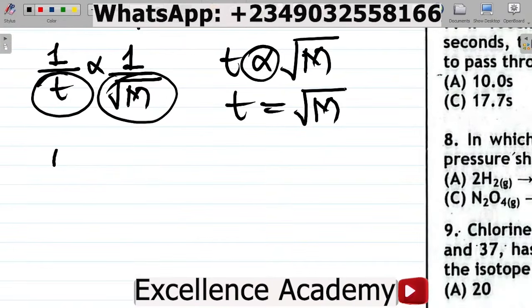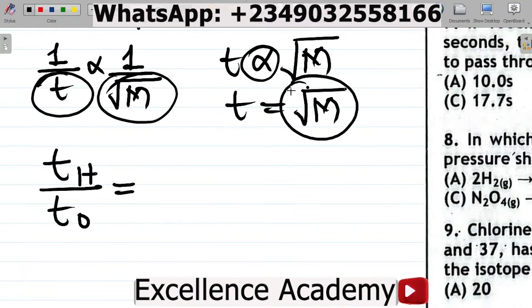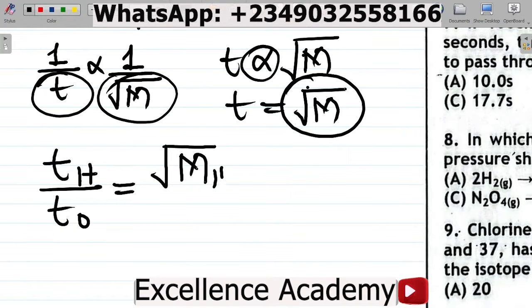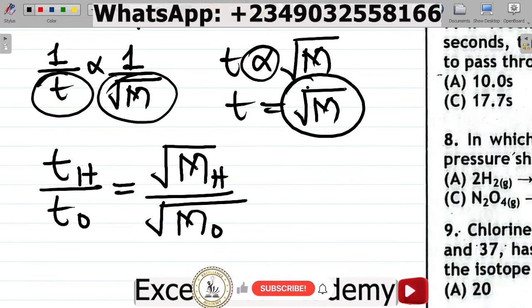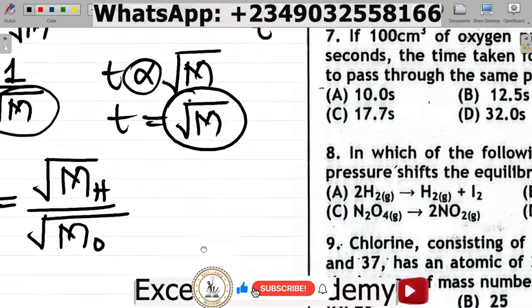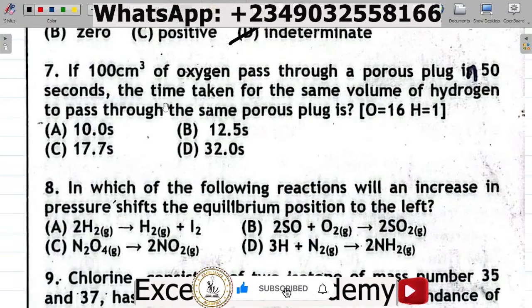The time for hydrogen all over the time for oxygen would be equal to the square root of the molar mass of hydrogen all over the square root of the molar mass of oxygen. In the question here, what are you asked to find? We are asked to find the time taken for the same volume of hydrogen. That's T of hydrogen.